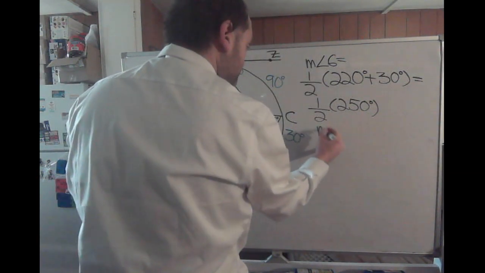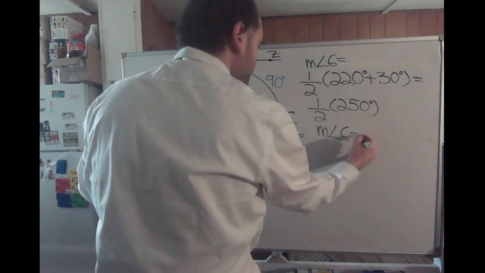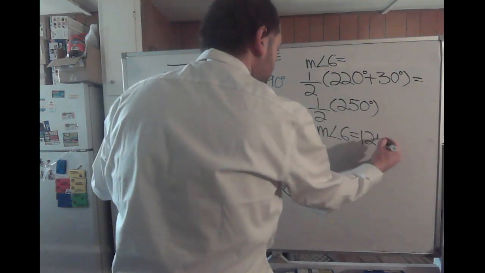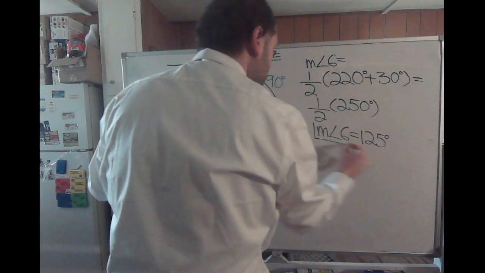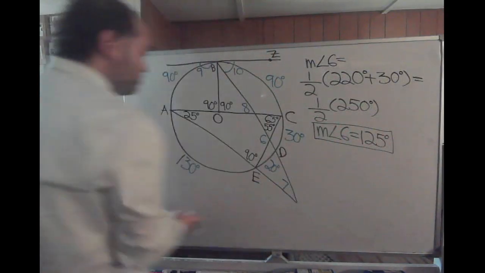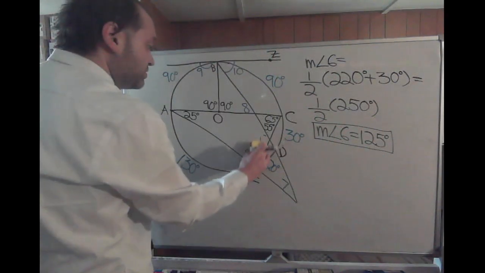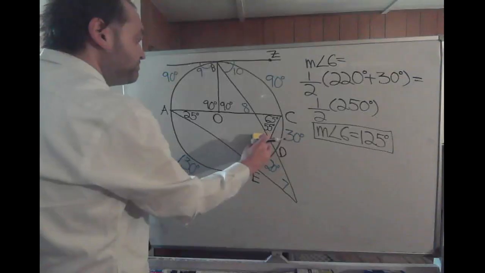So the measure of angle 6 would be equal to 125 degrees. So yes, the measure of angle 6 is equal to 125 degrees.